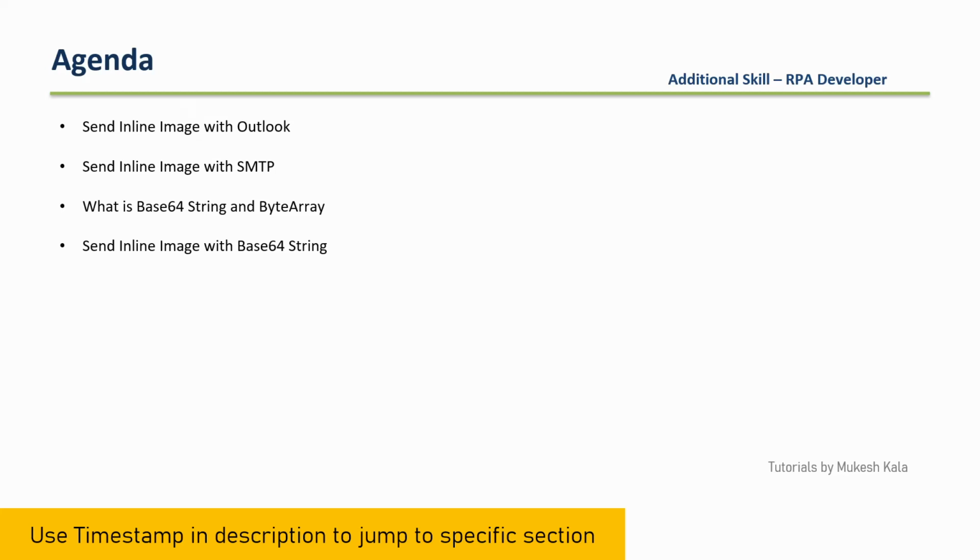So in this video we are also going to see what is Base64, what is ByteArray, and how you use Base64 and ByteArray to send inline images in email. All of that we are going to see in a step-by-step manner, right?